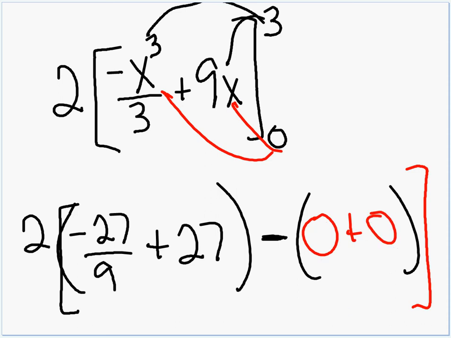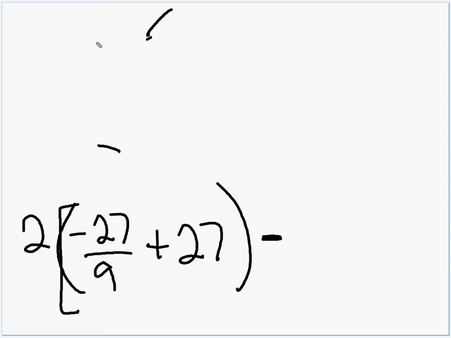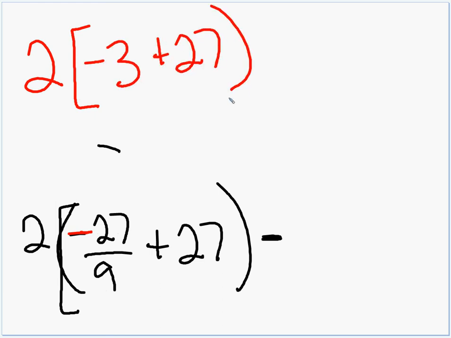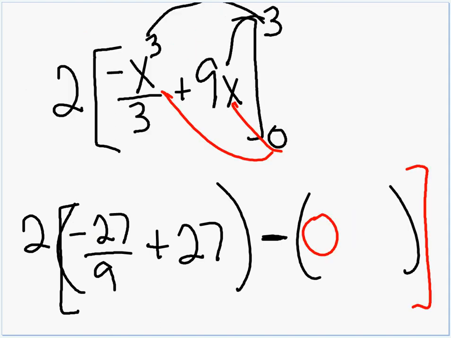Negative 27 over 9, that's a negative 3 plus 27. Negative 3 plus 27. Ooh, hold the phone. That negative 27 over 9, that's x cubed over 3, right? That denominator's not a 9, that's a 3. I hope you're using pencil and not pen. There we go. That's a little better.